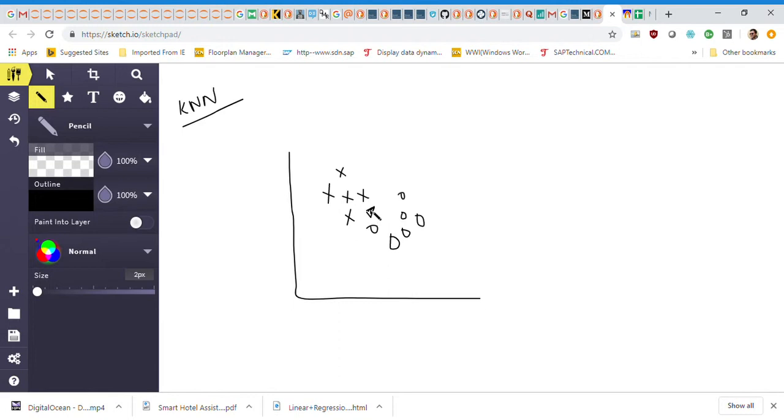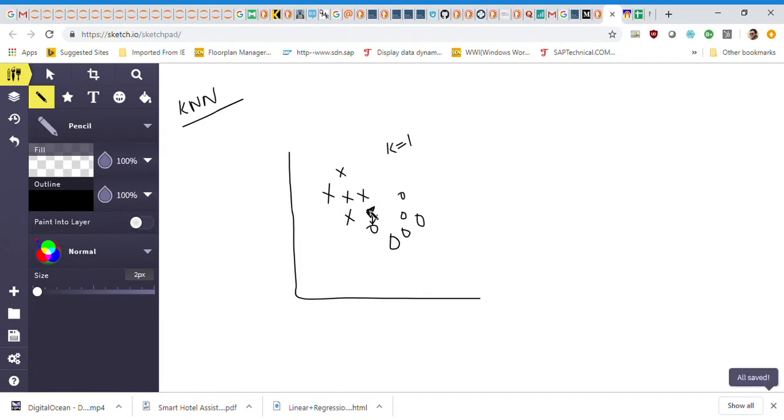So how do you classify to which gang it belongs? So it is quite simple. There's a factor called k. So if I give k equals to 1, what we will do is mark the distance to its nearest one.